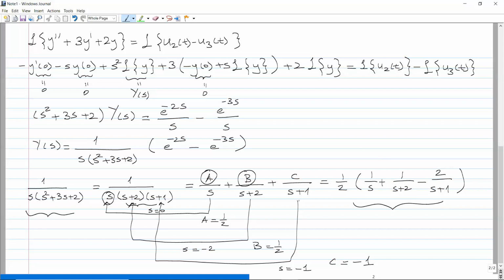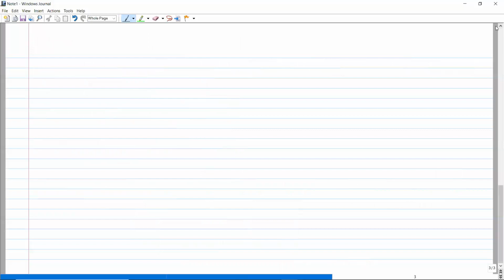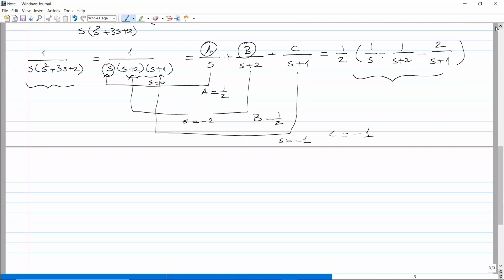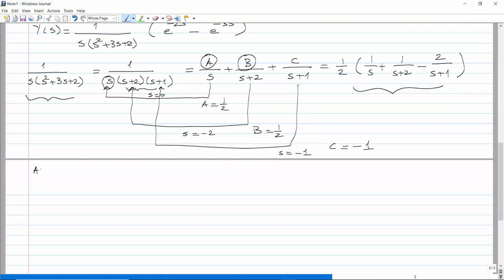Or another way you can do, as we did previously. How? Another way to find A, B, C. On the right side, you get the common denominator.